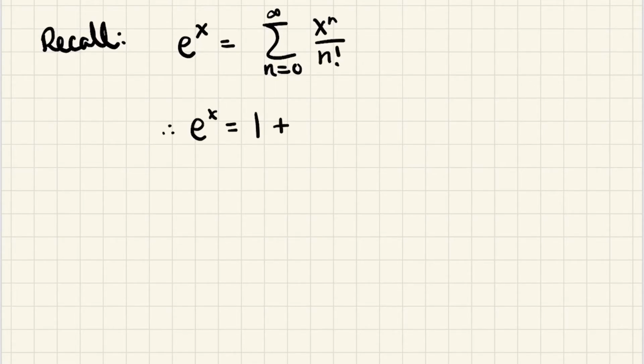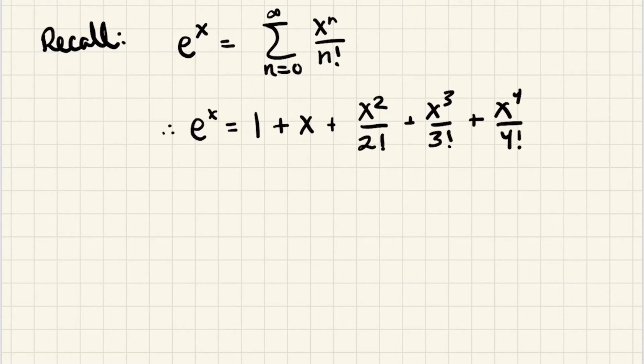Let's put on our Calc 2 hats, and let's recall that the exponential function is defined by its Maclaurin series. So in other words, e to the x is 1 plus x plus x squared over 2 factorial plus x cubed over 3 factorial plus x to the fourth over 4 factorial.